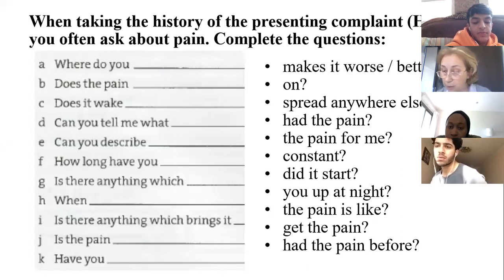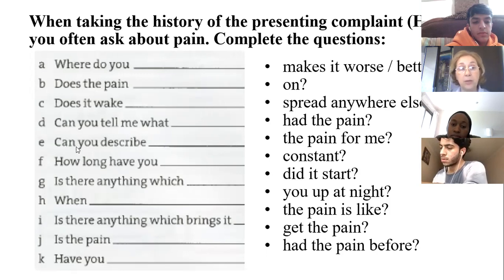And the next one is for Yasmin. Have you had the pain before? Right, you're right. Good. So these are the examples of questions about the character and location of pain.